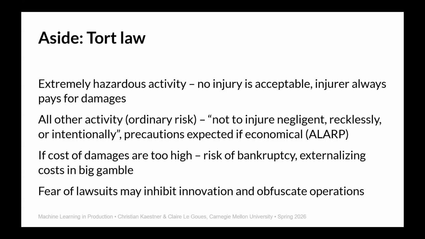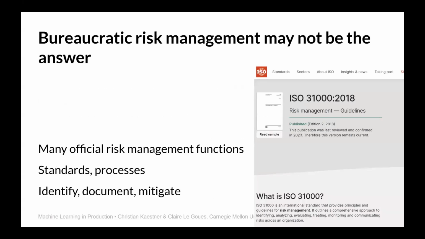It externalizes costs. So there are problems with this too. And in a way, fear of lawsuit can inhibit innovation, right? There's a very strong anti-regulatory trend right now in the US to foster innovation, but it can also lead to recklessness and harm. We will talk about some of this at the end of the class too.